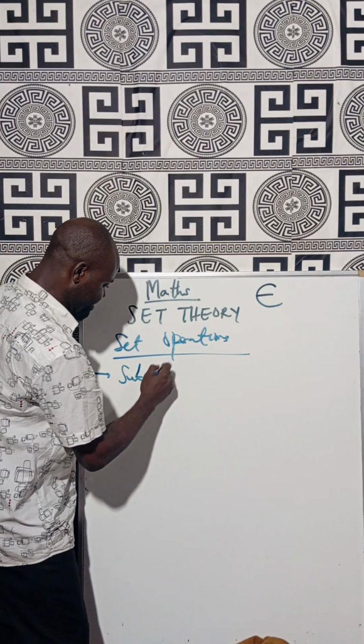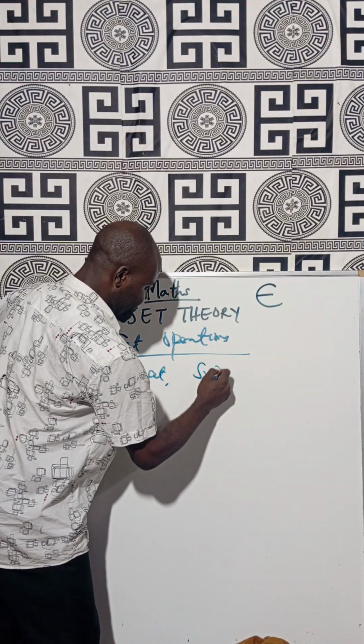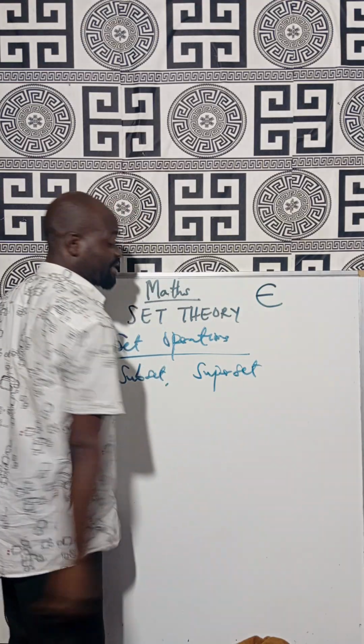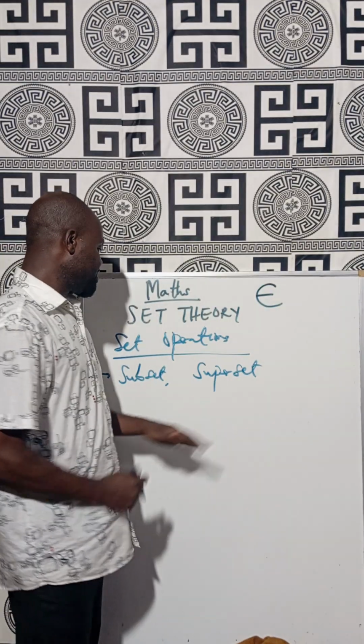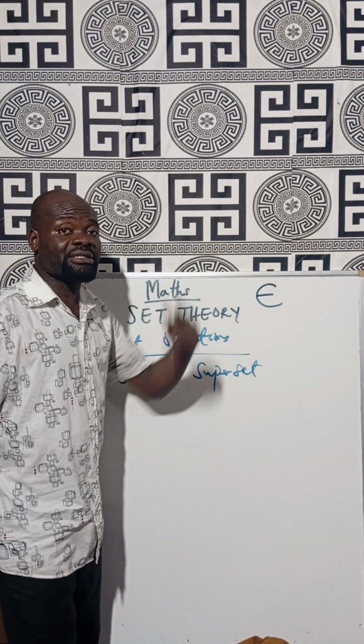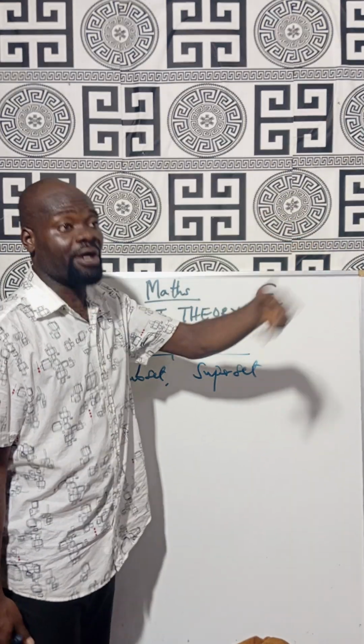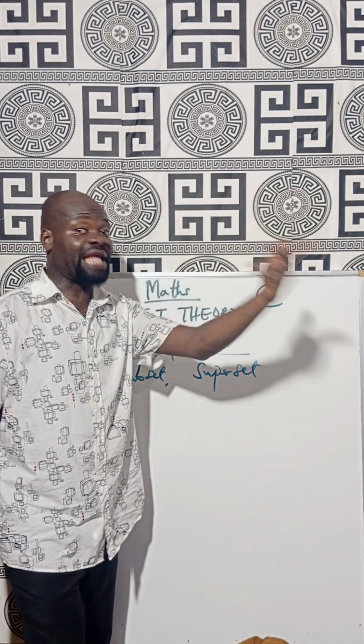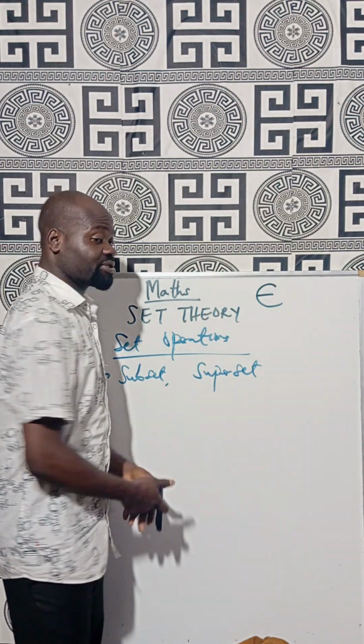That's what we call subsets and supersets. Some can put these two under types of sets. You understand me now? It can be taken under types of sets or operations in set.